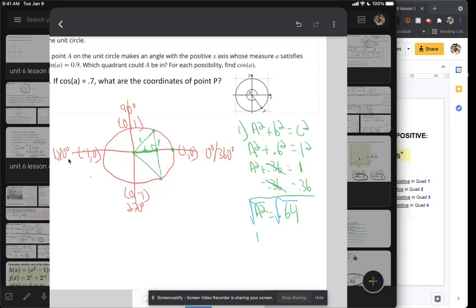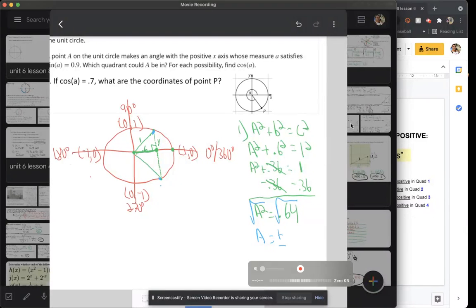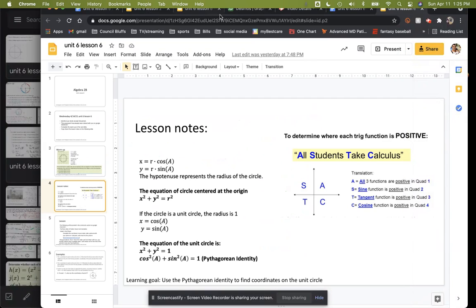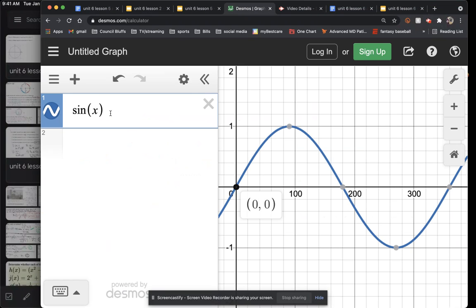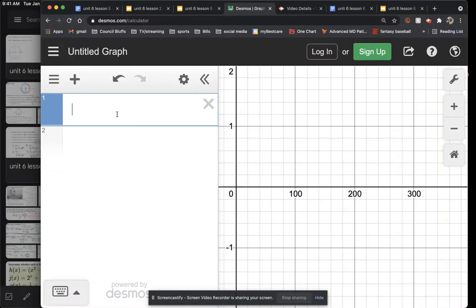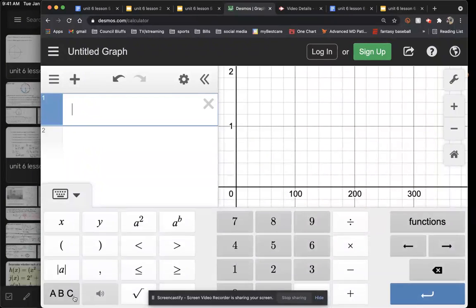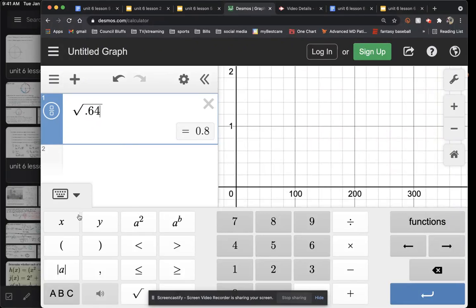Now, here's where it gets interesting. We know when I square root, the square root could either be positive or negative. In this case, I have a y value that could either be positive or negative, so I'm going to have to do the plus and minus here. And if I go to Desmos, I can find the square root of 0.64, and I end up with 0.8.